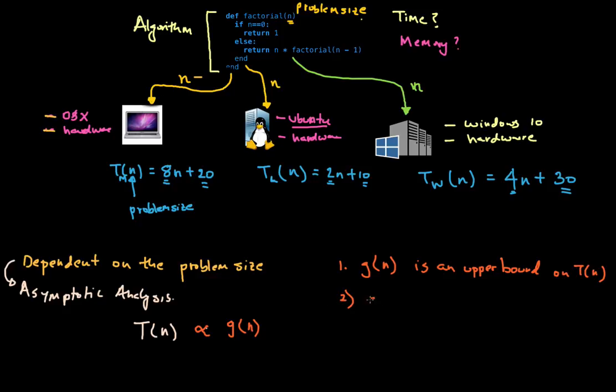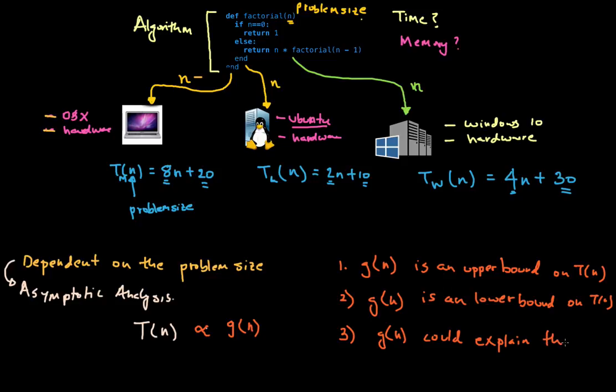Or g of n could be a lower bound on T of n. And the third approach could be that g of n explains both the upper bound and the lower bound on T of n.